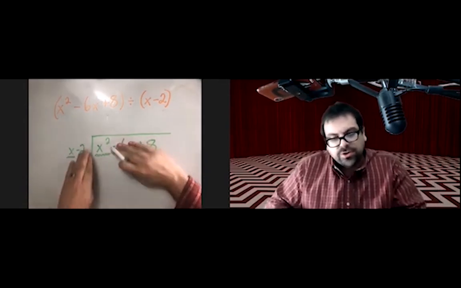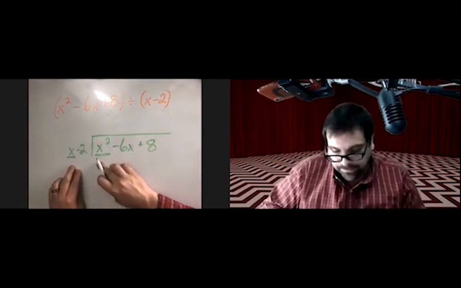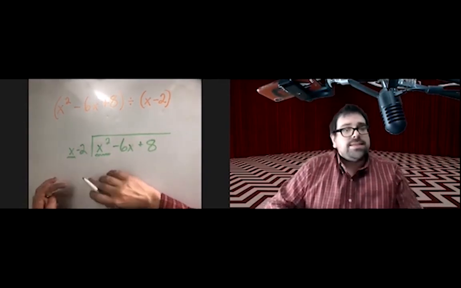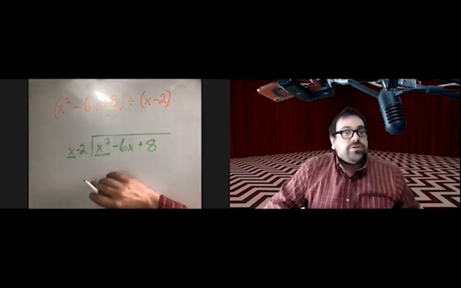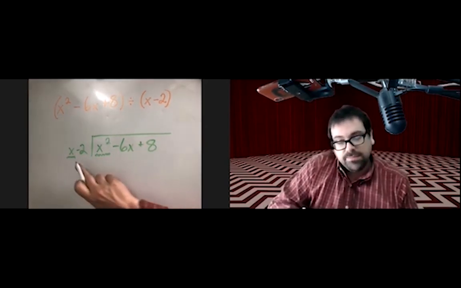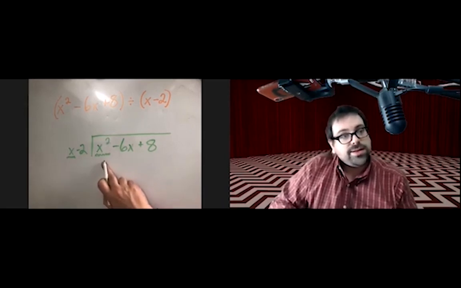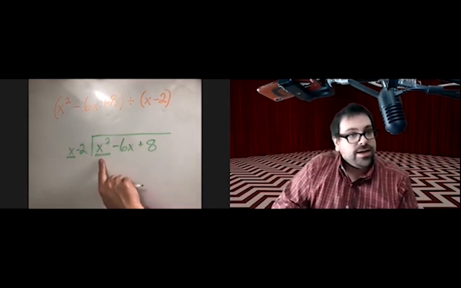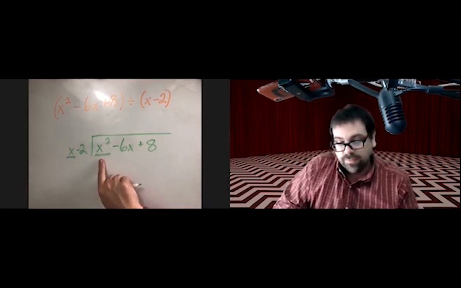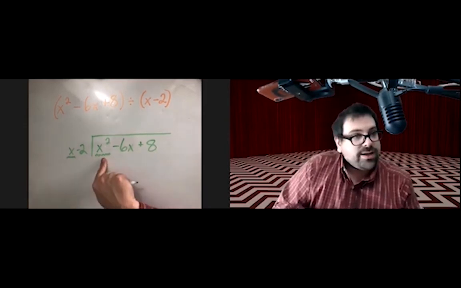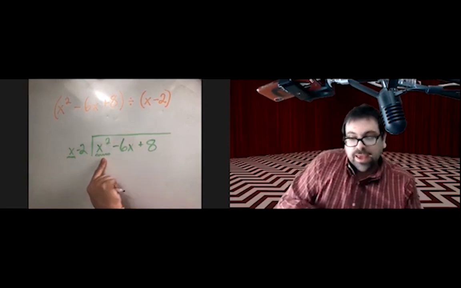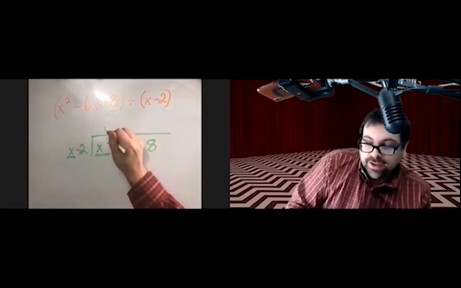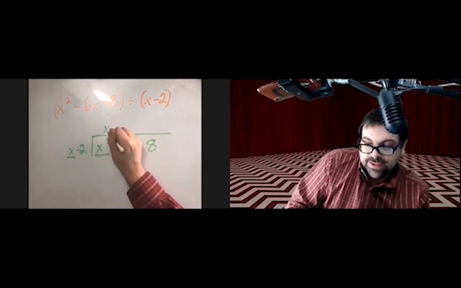Ignore the rest. We're just looking at the first term. This is the equivalent in the long division problem of asking how many times does the thing on the outside go into whatever. We're trying to get there with multiplication. So x times what is x squared? X times x is x squared.